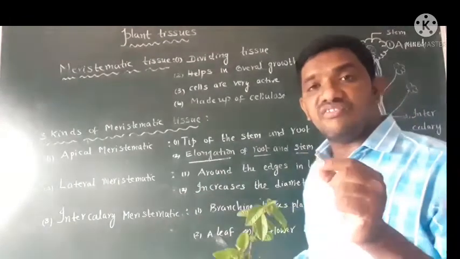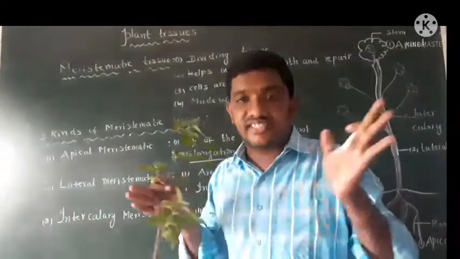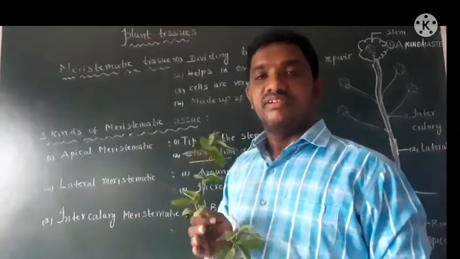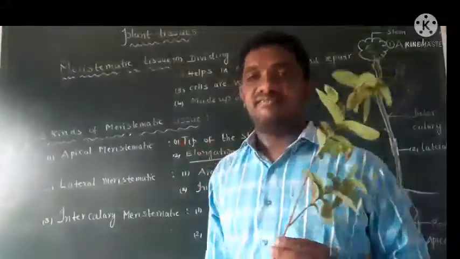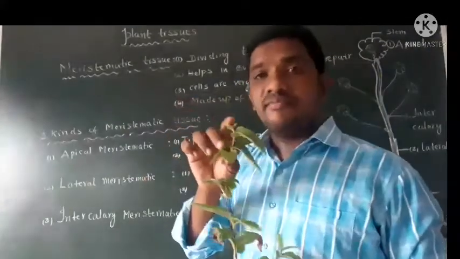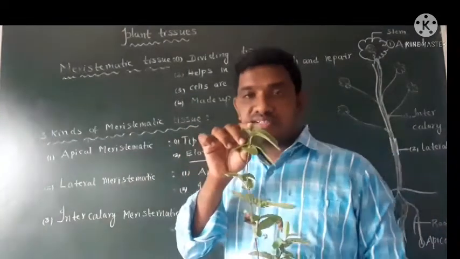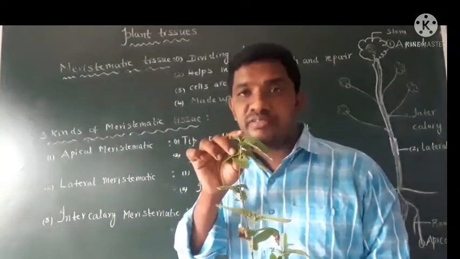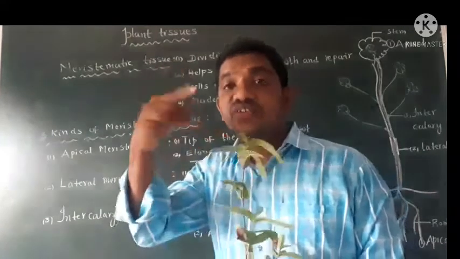What is the meaning of elongation? Expansion, extending. Here the tip of the stem contains apical meristematic tissues. These cells are continuously dividing.